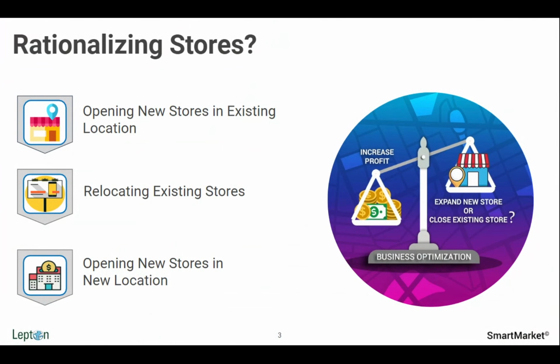Second could be, I'm not happy with the performance of the store, and I would want to relocate this existing store to a new geography or location. Third could be, I have stores across different geographies, let's say across India, but I'm looking for a new geography in India for getting more business. So how do I go about doing this?